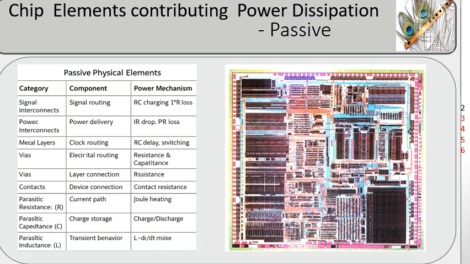These passive elements introduce charging and discharging losses, IR drop, Joule heating, propagation delay, and transient voltage effects. As technology scales and interconnect density increases, their contribution to overall chip power and performance becomes increasingly important. Optimizing the physical interconnect structure is therefore essential for achieving low power, high performance, and reliable VLSI designs.